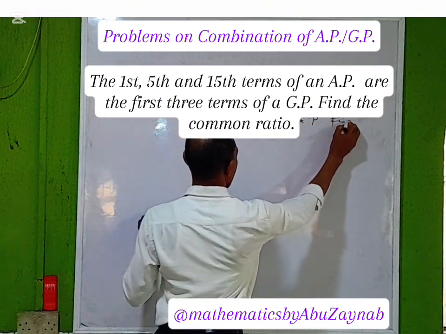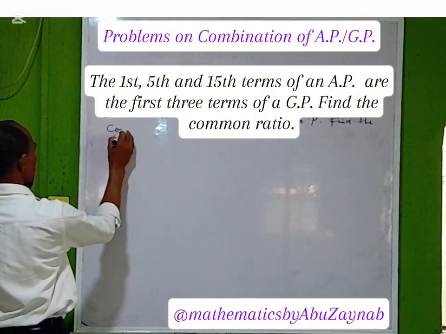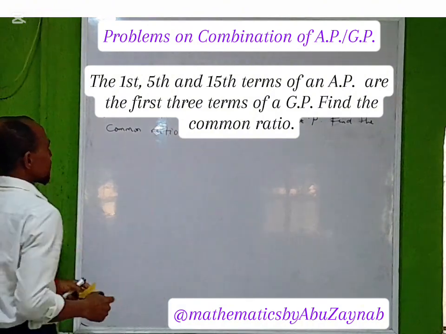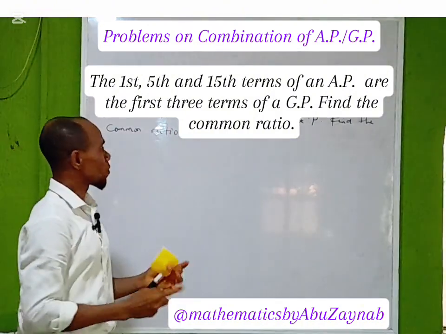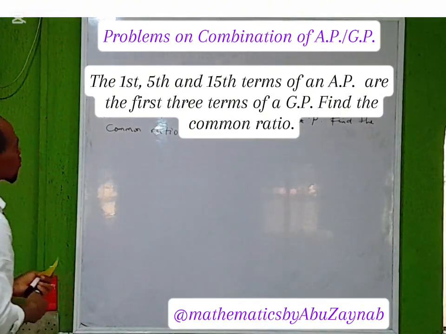Then find the common ratio. So this is a typical question on fusing AP and GP. So without wasting time, let's quickly go into it.